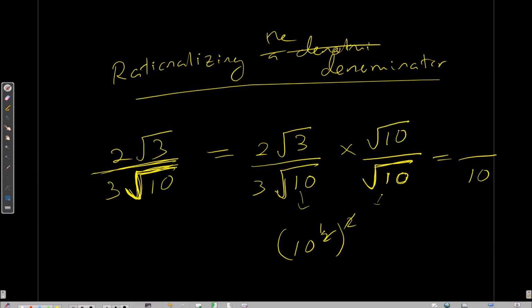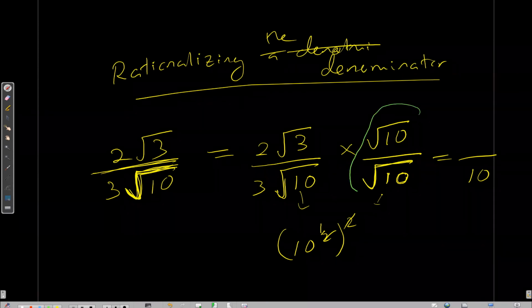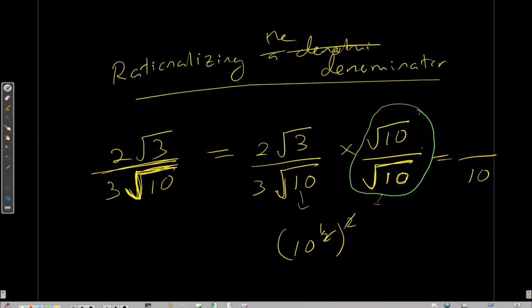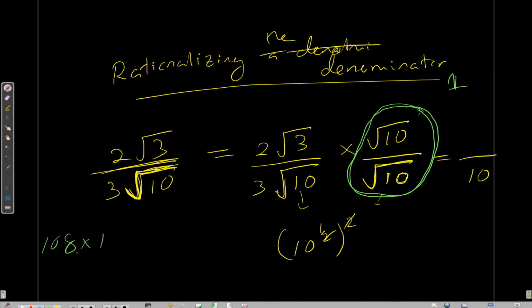See, what I am doing here is multiplying top and bottom by the same number. So basically this number in the green circle is 1. Can you see that? Whenever you have some number, you can multiply it by 1 and it will give you the same number. So here I'm multiplying by 1, but in a nice tricky way. 1 is the same number over the same number, right?